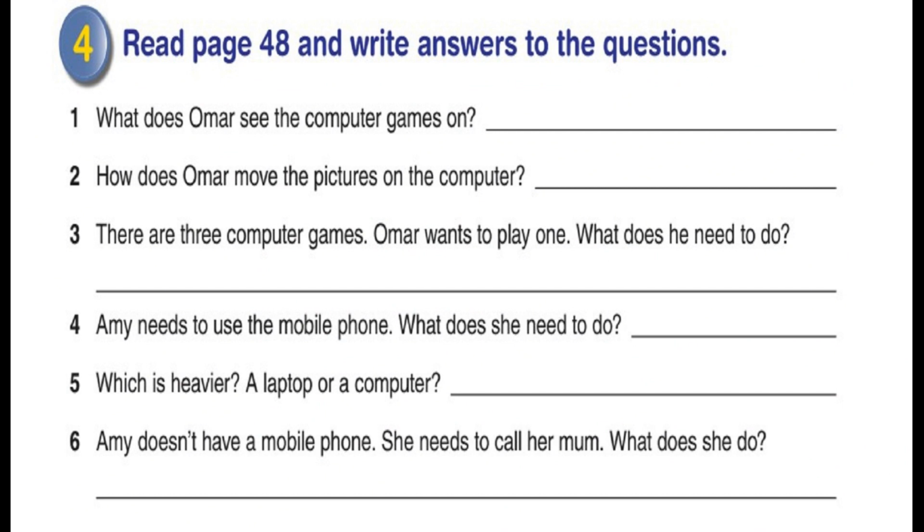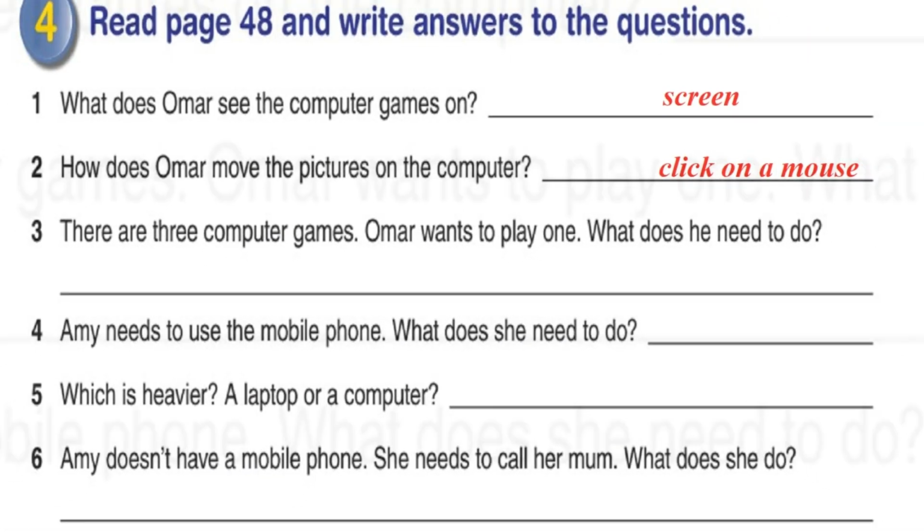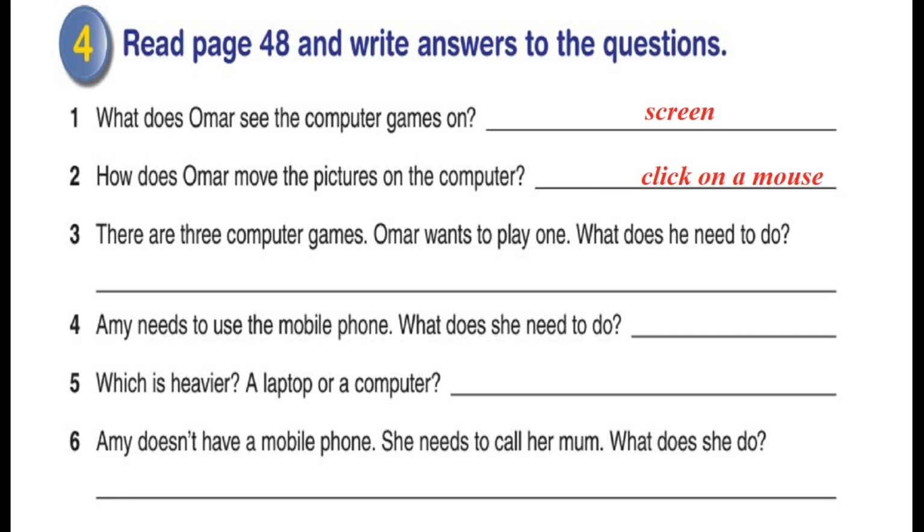4. Read page 48 and write answers to the questions. 1. What does Omar see the computer games on? Screen. 2. How does Omar move the pictures on the computer? Click on a mouse. 3. There are 3 computer games. Omar wants to play one. What does he need to do?